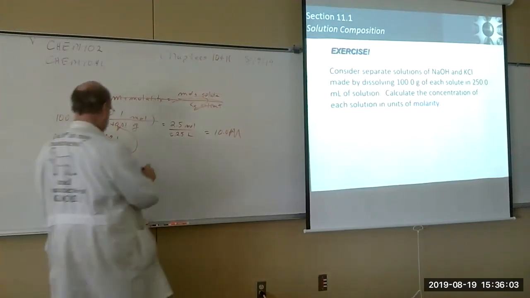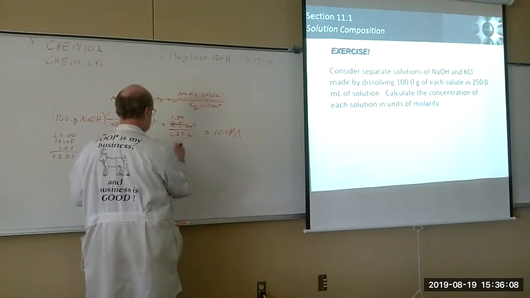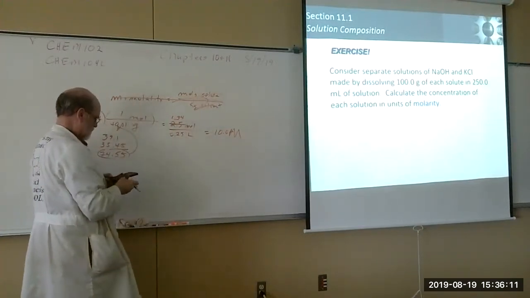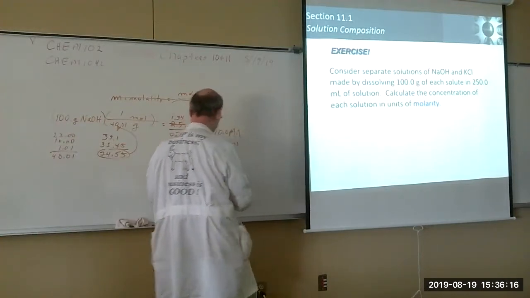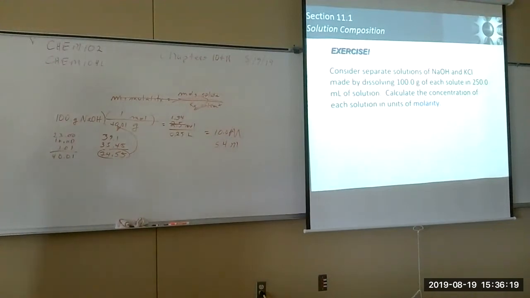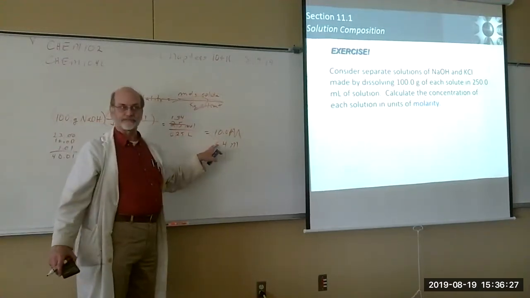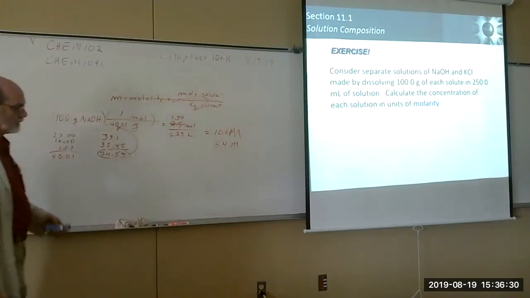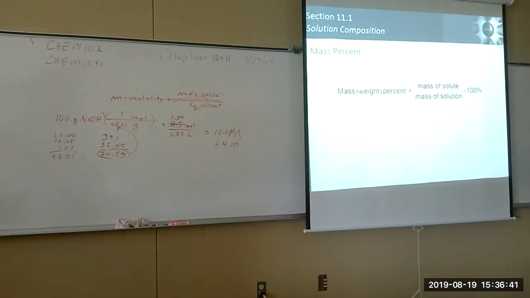So that's 1.34 moles, and 0.25. So I get 5.4 molar. So for the same mass of each of these, sodium hydroxide and potassium chloride, you get a different concentration because it calculates out to a different number of moles of each one. Okay, so I'll round it.